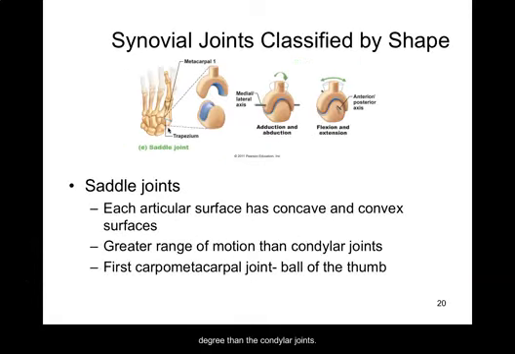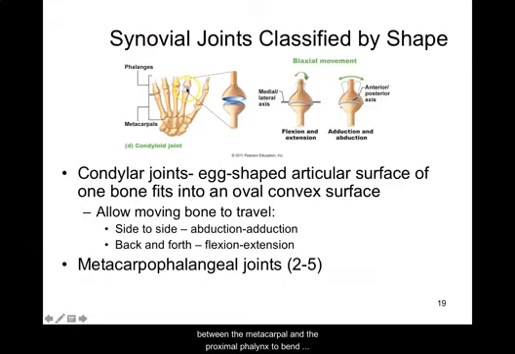Most of us cannot really bend our fingers down, just using that condylar joint between the metacarpal and the proximal phalanx, to touch our wrist or down pretty far. But what you can do with your thumb is stretch your thumb almost all the way across and touch the palm of your hand.